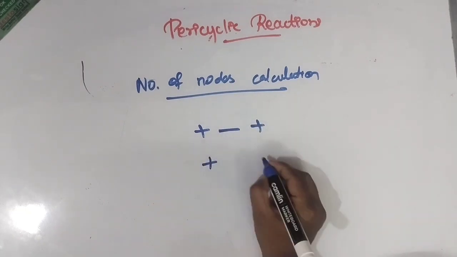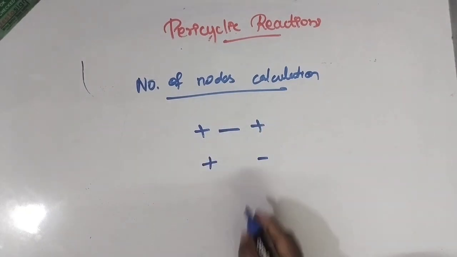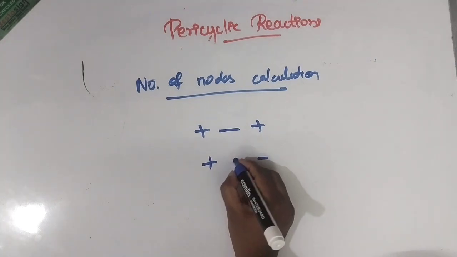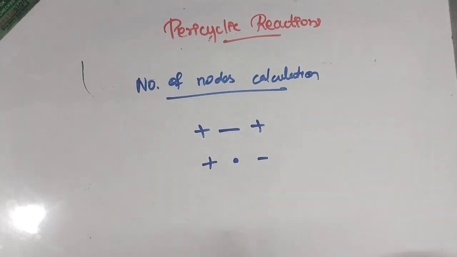But if you have plus minus, there is no bond formation. Instead, you will have a node. What is a node? It is formed between two different charges. And the probability of finding an electron in the node is 0. You would have studied this in quantum.